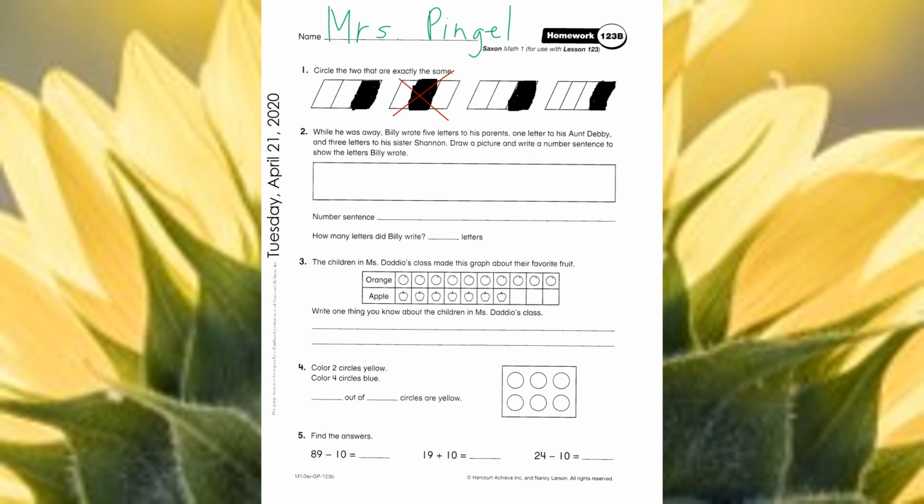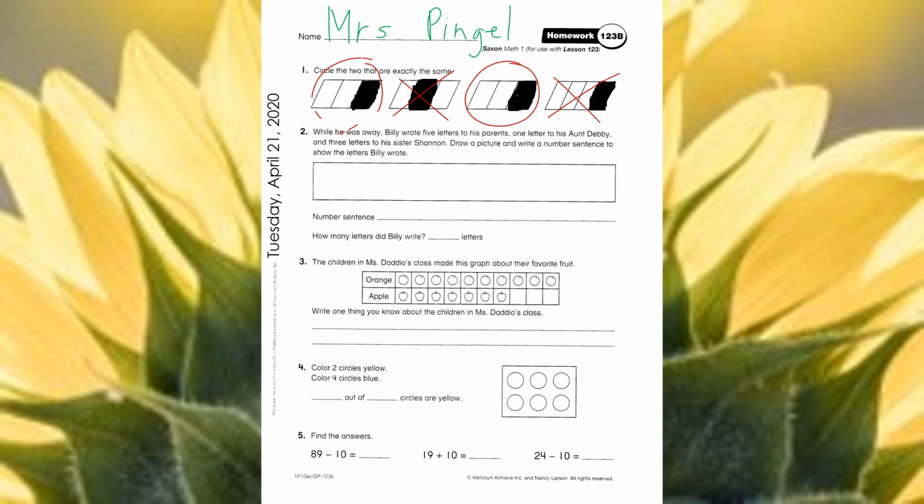Do you see it? It's the last shape. It has 4 parts and the others only have 3. So it's not this one. And so now I know that the first and the third are exactly the same.